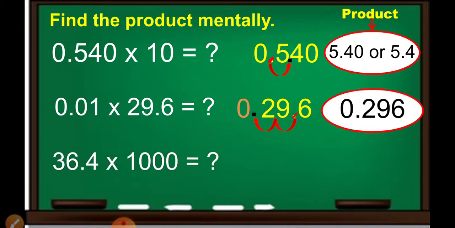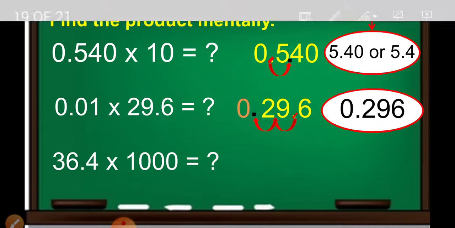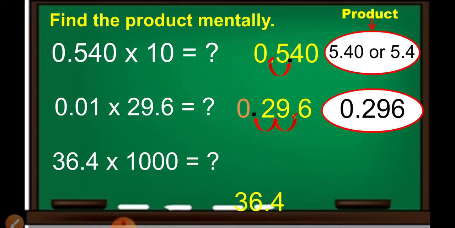And another example is 36.4 times 1000. So the given power of 10 is 1000. So we will move the decimal point 3 places to the right from the given 36.4. So let's move 3 places to the right. 1, 2, 3.